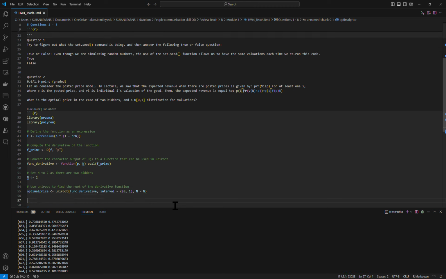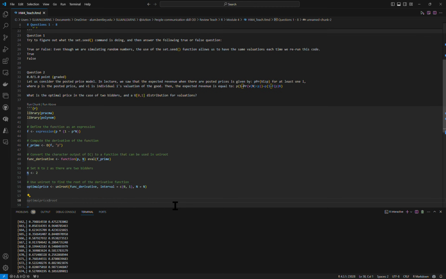Now we need to print the optimal price as the root of this value, and let's print that out as well. And that comes out to be 0.577, which is exactly what we need.